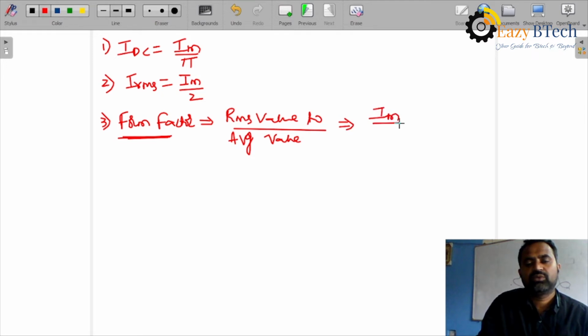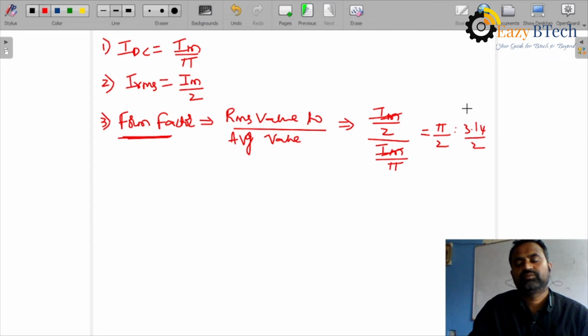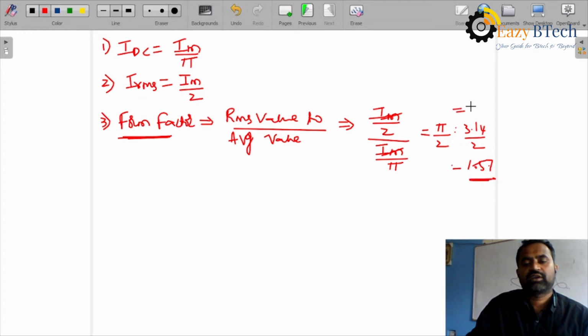Im by 2 by Im by pi. So Im will get cancelled. We will get the value pi by 2, that is 3.14 by 2, so approximately we will get 1.57. The form factor for half wave rectifier is 1.57.